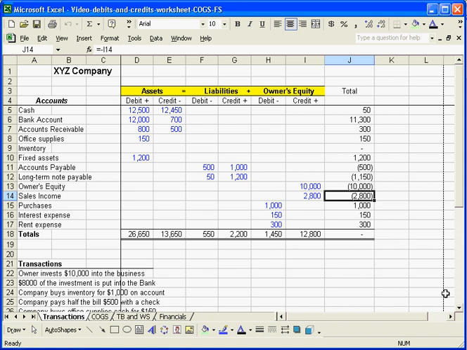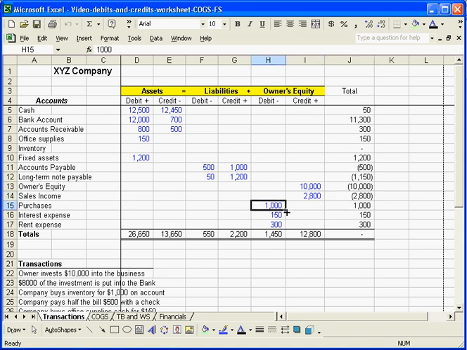But how much did that cost us? Because according to generally accepted accounting principles, we have to match the revenue with the related cost. So when we show revenue on the income statement of $2,800, that cost us something to sell. And what it cost us is what we paid for the purchases that we did.